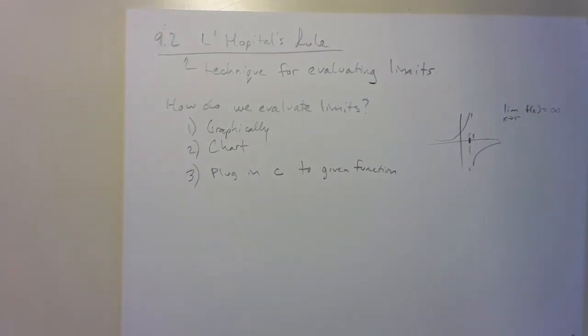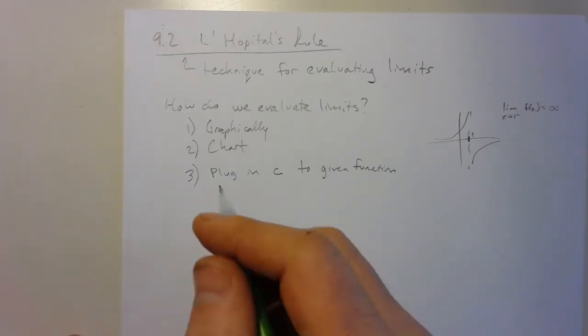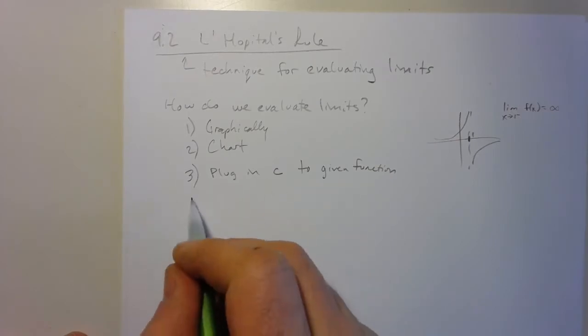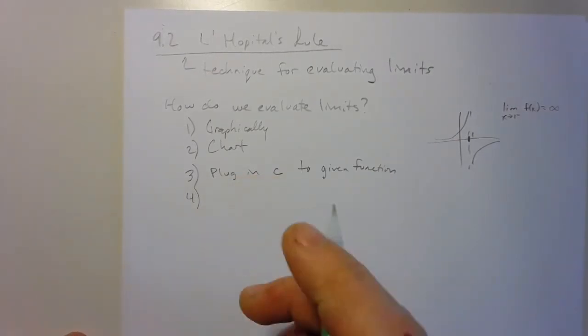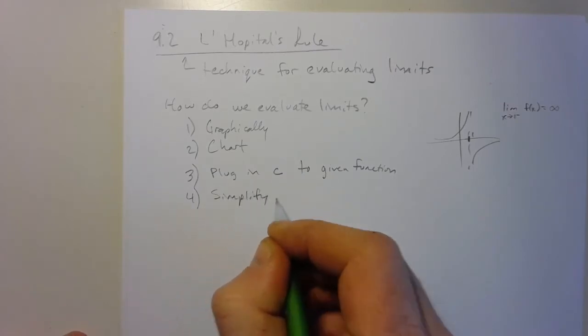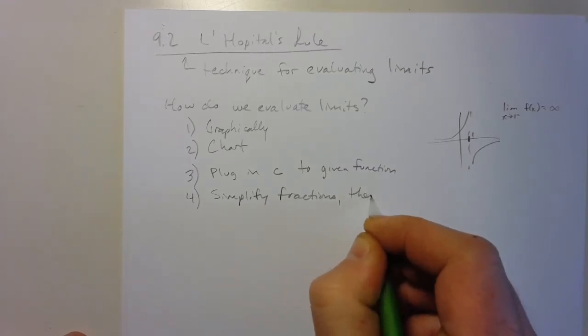Remember, the limit is the value you're approaching, and a lot of times it equals the actual value you're going to have as well. There were some other lesser known techniques. A lot of times we couldn't plug in c initially, so we had to simplify fractions, then plug in c.